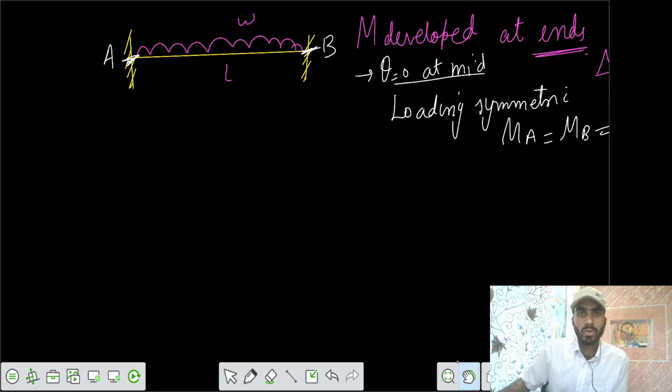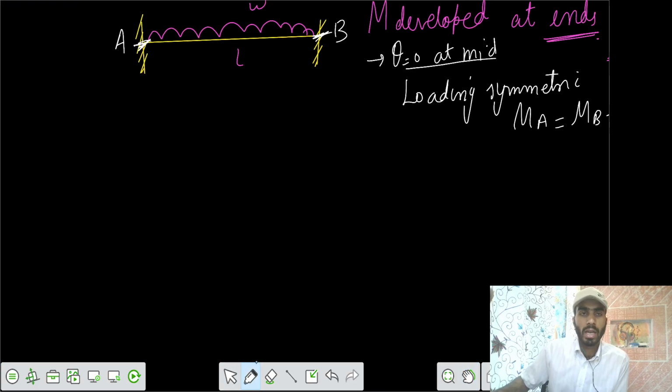And if you do superposition, you make two simply supported beams.